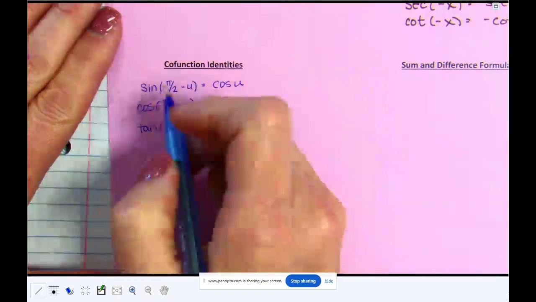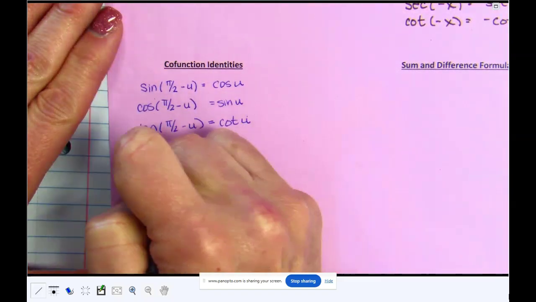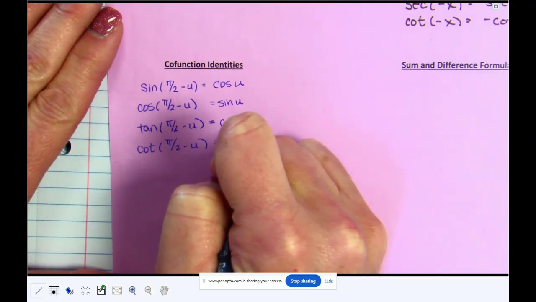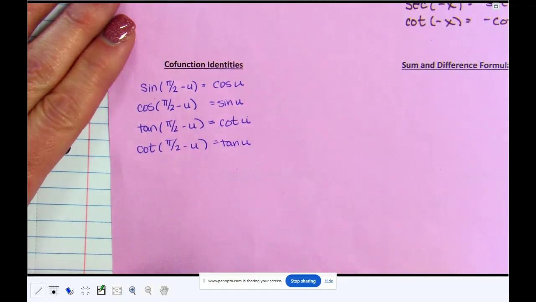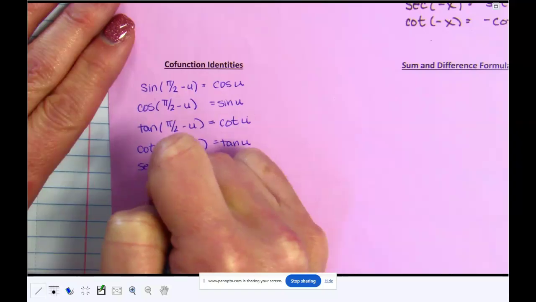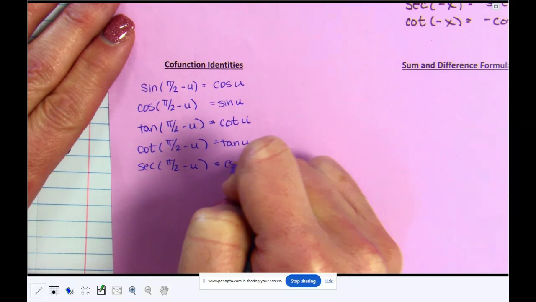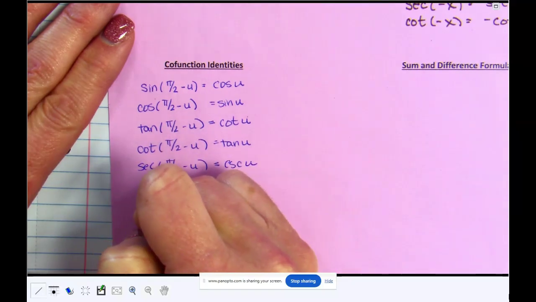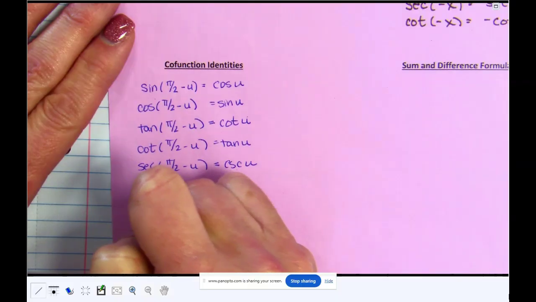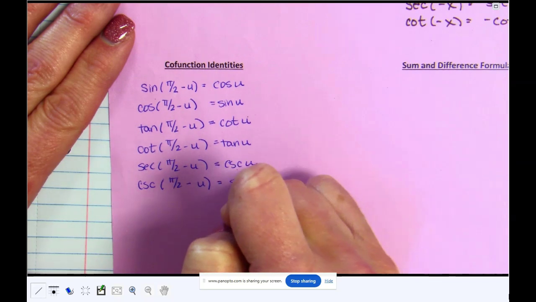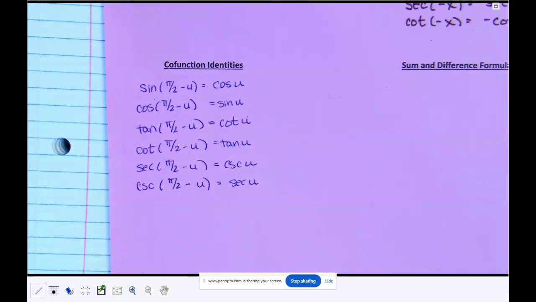Tangent, cotangent. It's kind of a boring set. They're all the same.